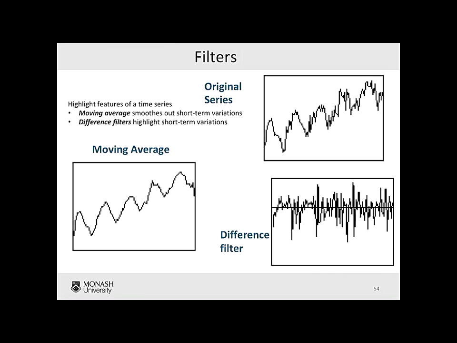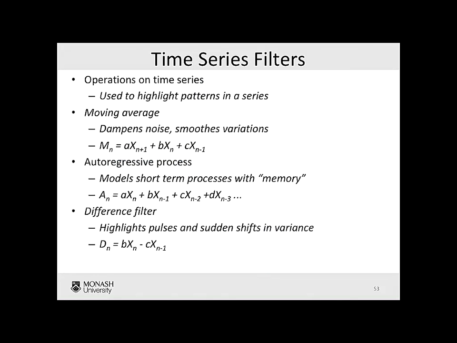We can calculate the difference over the short-term variations over time. The difference filter highlights these pulses and shifts in variance, and the auto-regression process models short-term process with memory.